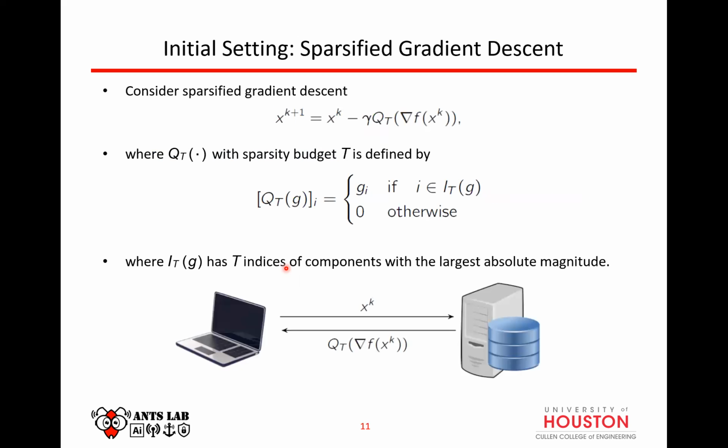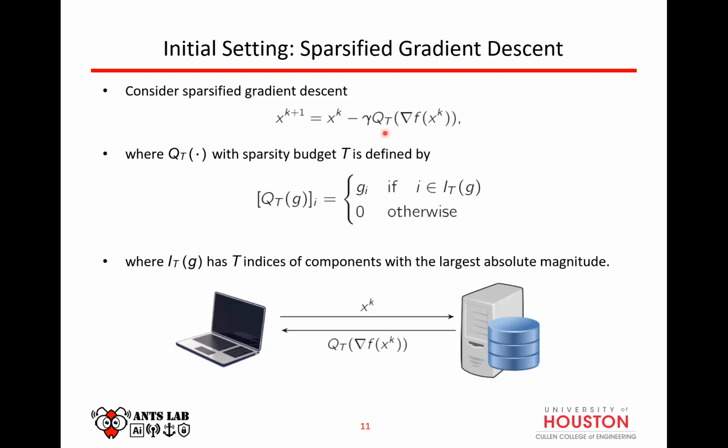So for the initial setting, let's take the example of sparsified gradient descent, where you have normal machine learning training but you're using some sparsification. Let's say your local model update per round looks like this, where the gradient is compressed and the local model update is computed based on that.